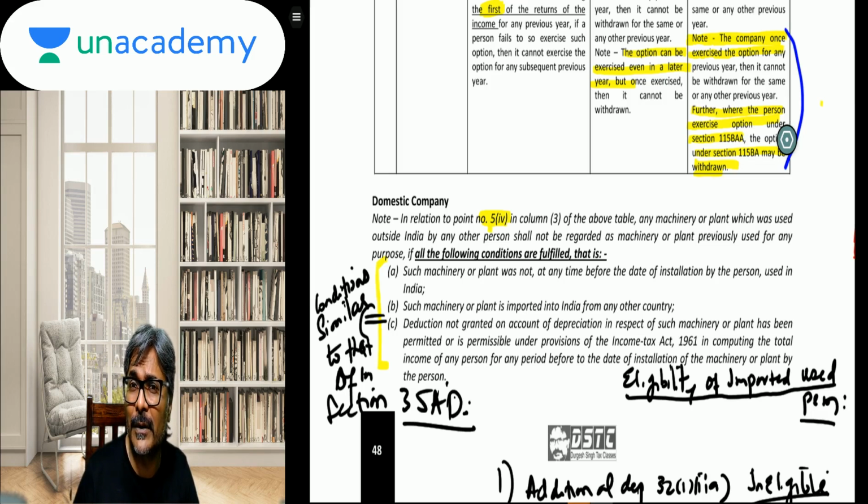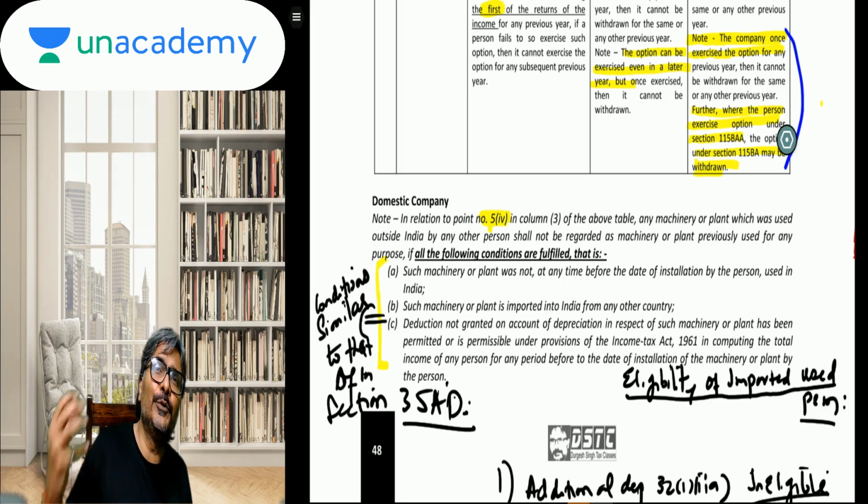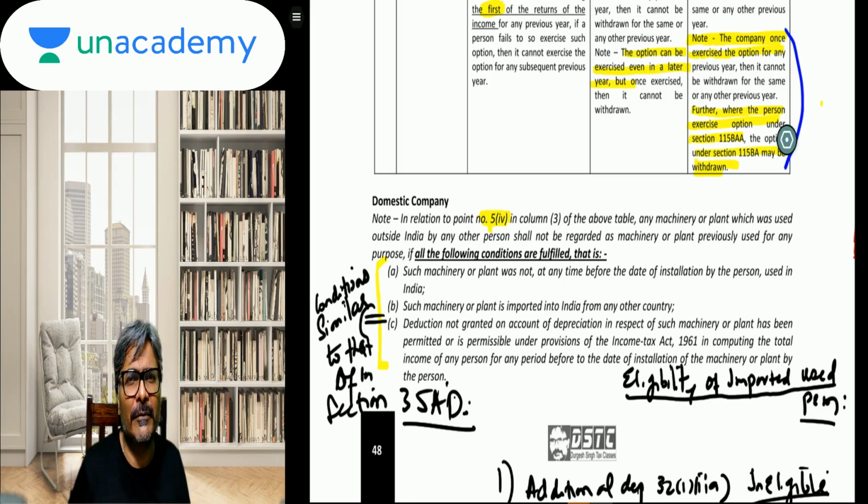If you can recall, up to the limit of 20% of the total value of the plant and machinery, that was considered as eligible. But beyond 20% of the domestic old plant and machinery, if you use it to set up the business of 35AD, then disqualified.